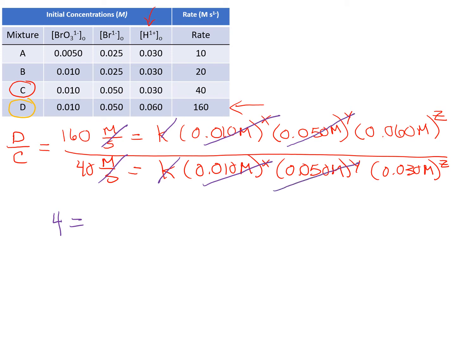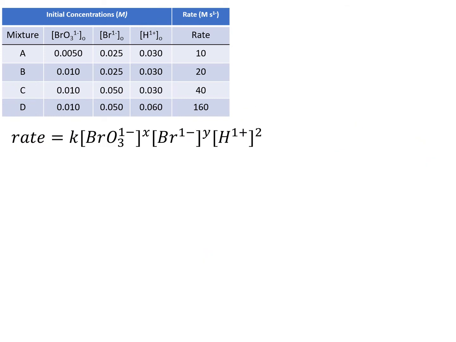We're left with 0.06 divided by 0.03, which is 2 raised to a power. And as you know, 2 raised to the second will give you 4. So we know the order of the reaction for hydrogen is a second order reaction, so raised to the power of 2. So we know that bit at this point.